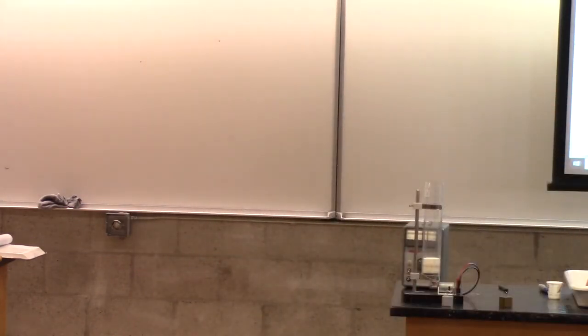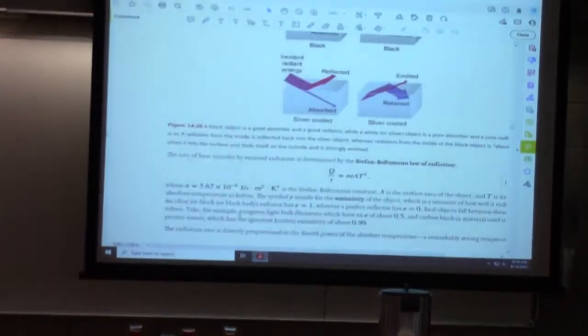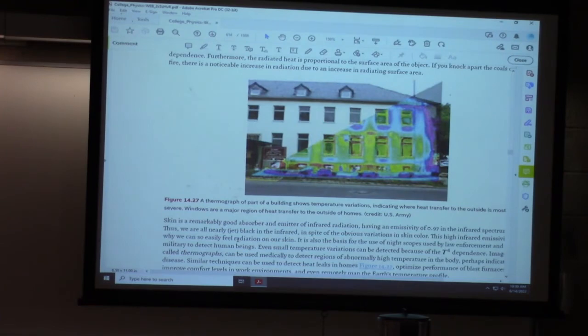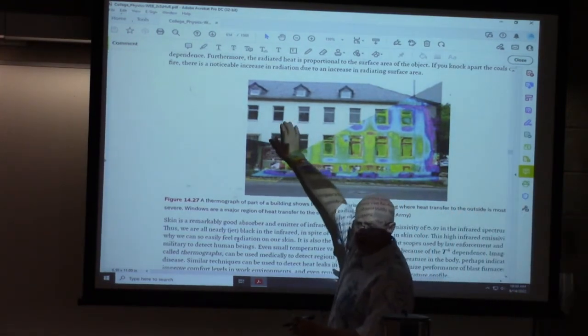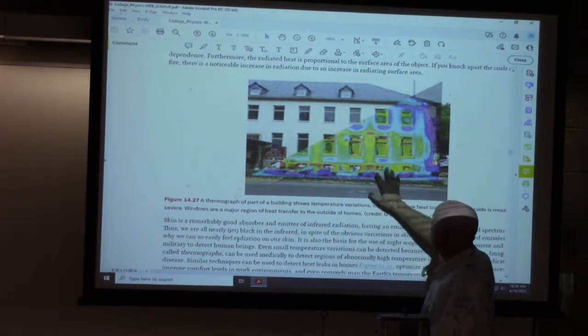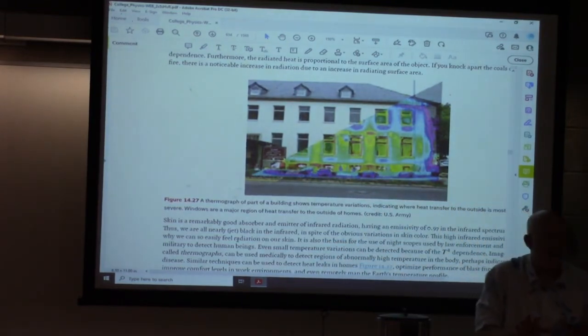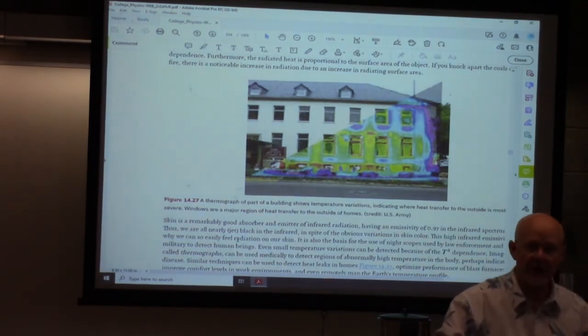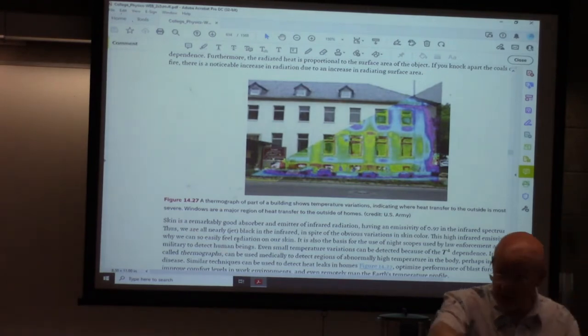And so your author tries to explain this and then shows you a photograph here and does a pretty good job of saying, let's take a photograph that you would see with your human eyes, but let's also do what we would call an infrared photograph. Let's make one that shows the full amount of radiation, even the stuff you can't see with your eyes.